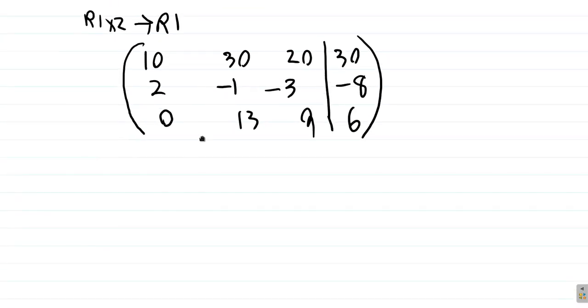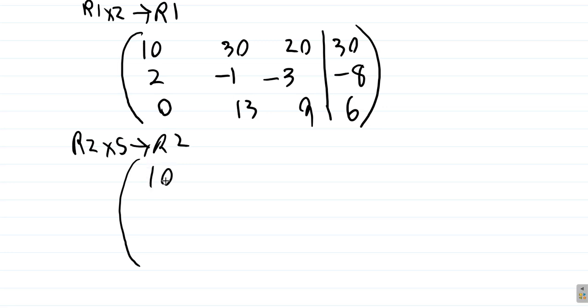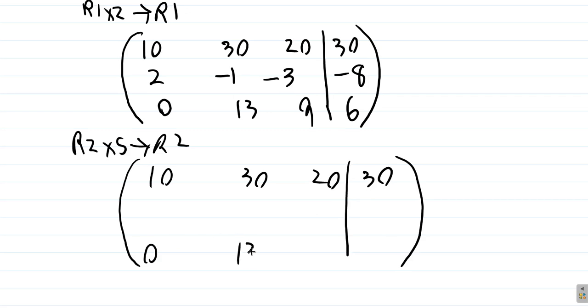After that, let us have our row 2 times 5. Give us our new row 2. So we change row 2. Row 1 remains the same, 10, 30, 20, 30. Row 3 remains 0, 13, 9, 6.